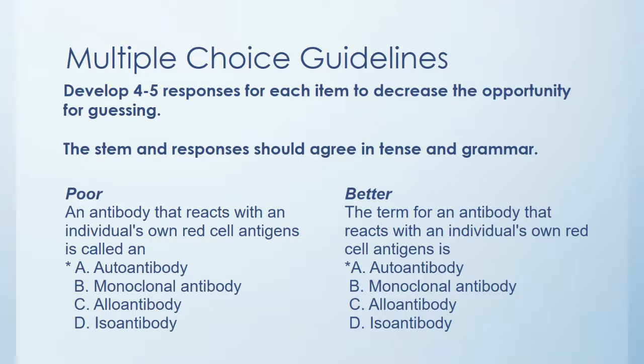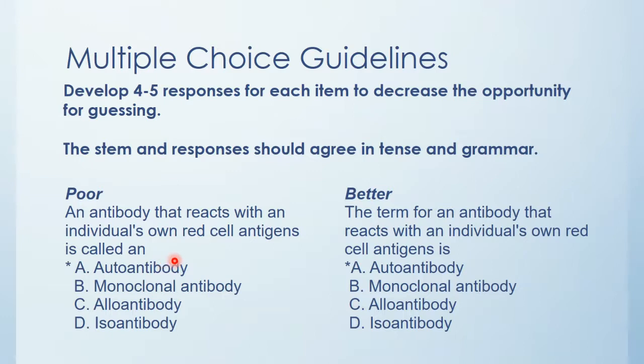The stem and response should agree in tense and grammar. For this question, an antibody that reacts with an individual's own red cell antigens is called an. The problem is we have an "an" here. So I can automatically, as a test taker, rule out B because it's not going to agree grammatically. That leaves me with A, C, or D. One way to deal with this is to put A and then in parentheses the N, so they don't know which one you're going for.